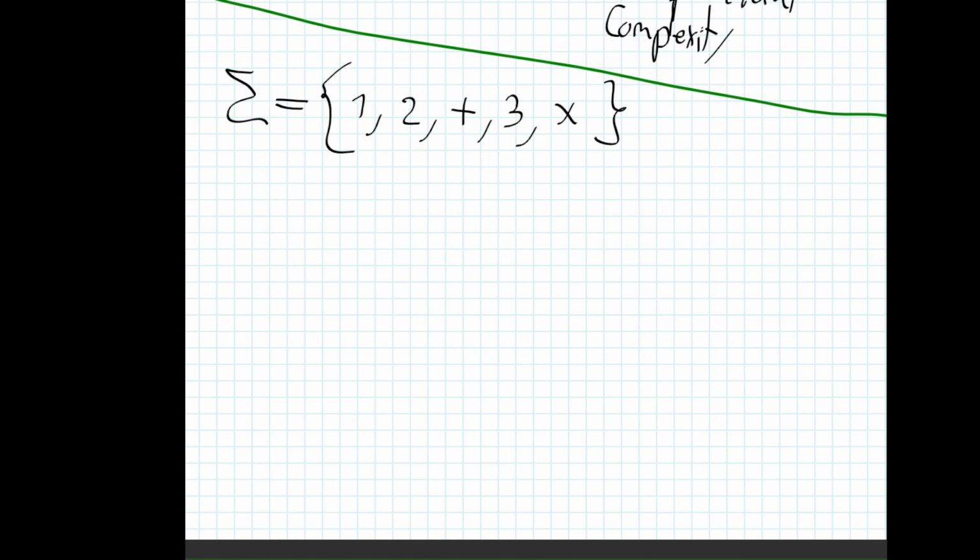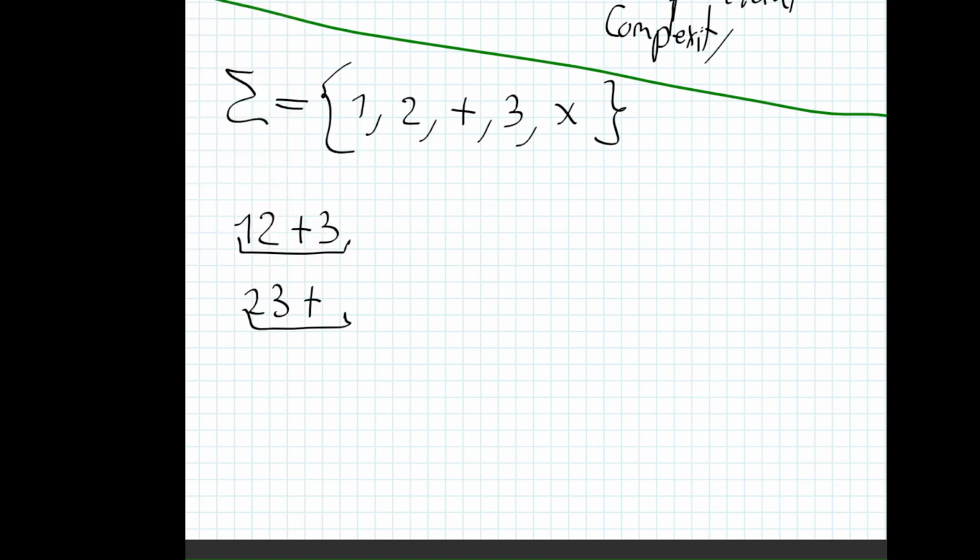Okay, now each of these terms can be joined together to form words. For example, 1, 2, plus, 3 together, no characters in between, or let's say 2, 3, plus, all of them are words.